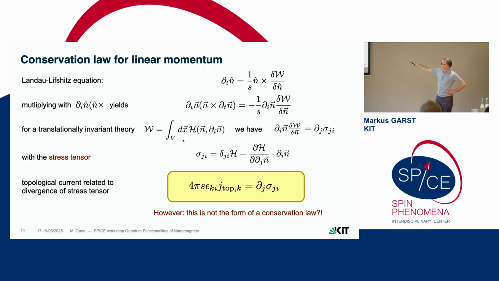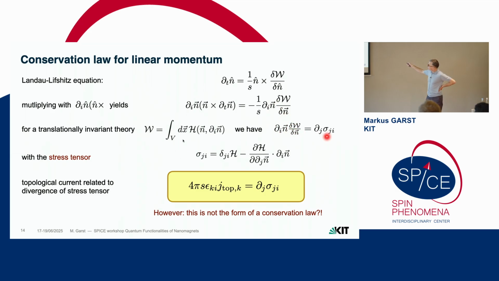simplifies for a translationally invariant theory. So if your theory does not break translation invariance explicitly, which we want to assume because we want to discuss the notion of linear momentum, which is only conserved for a translation invariant system, then this requires a little bit more computation, but it's actually a very easy exercise.